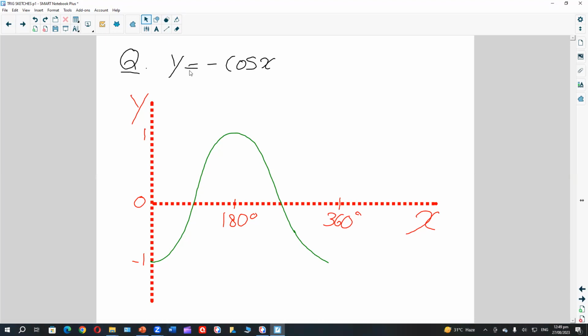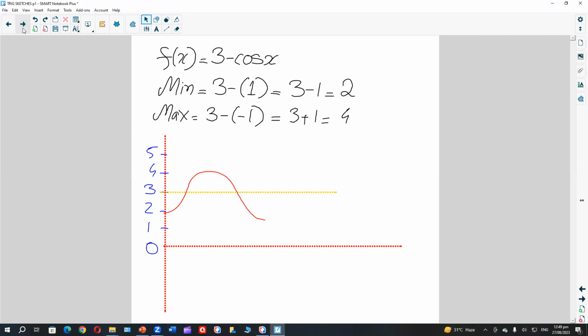Done, sir. This is a case of minus cos x, the reflection of the function in the x-axis.